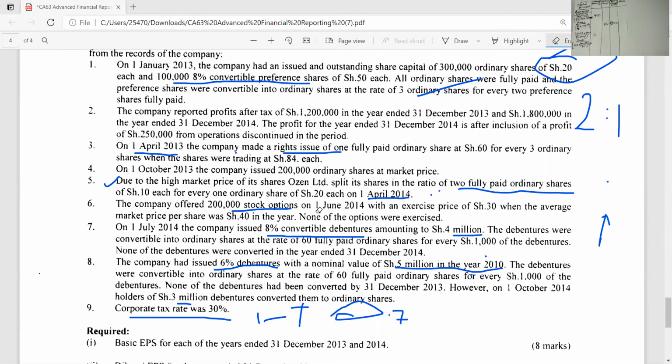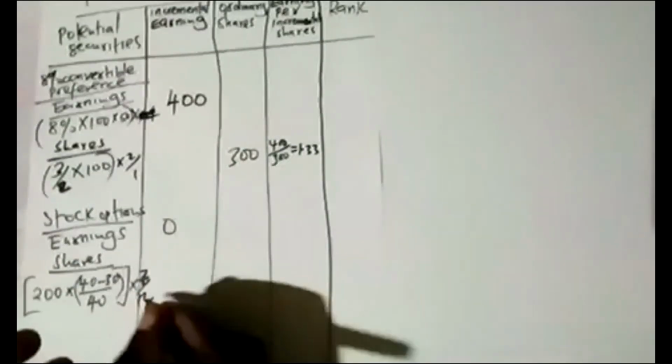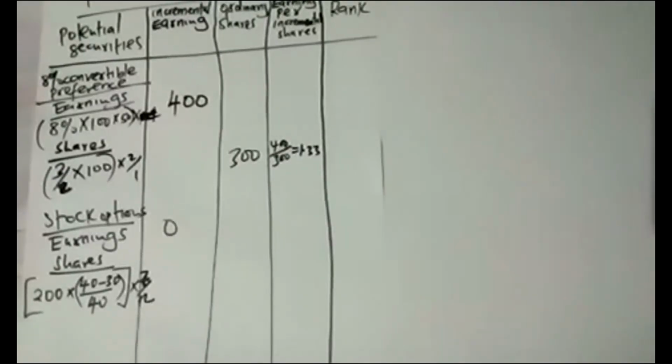Okay, 7, remember it's 1st June. It's supposed to be 7, so you multiply 7 out of 12. So what are you getting there? 40 minus 30 is 10. 10 divided by 40 times 200 times 7/12.